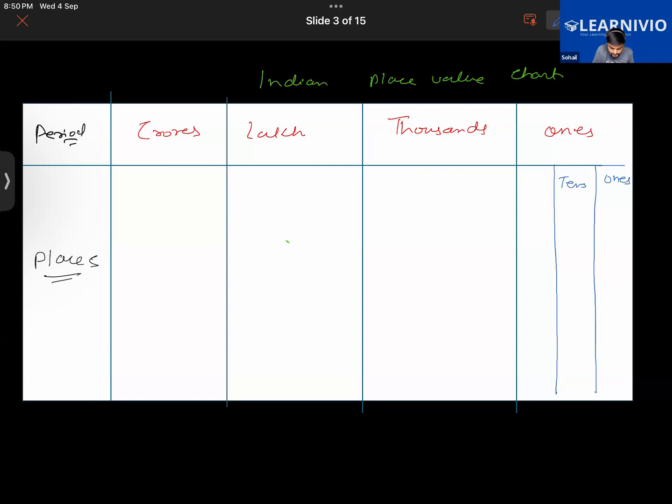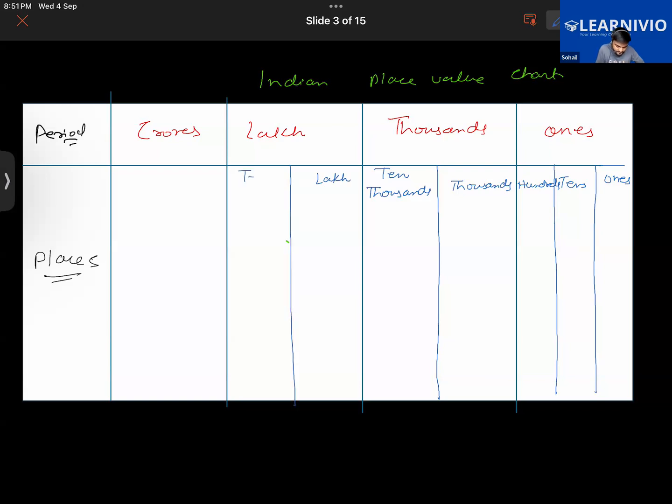Then the thousands period is divided into two groups: thousands and 10,000s. After this, you have lakh, and then you have 10 lakhs.